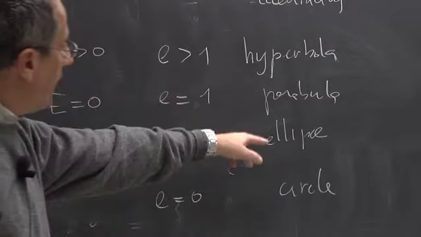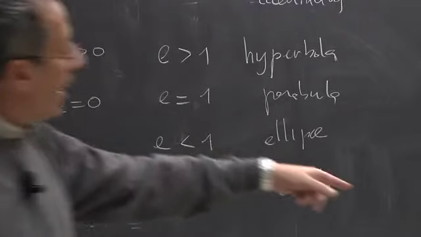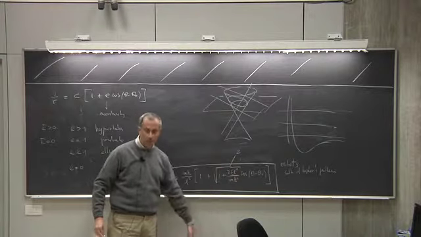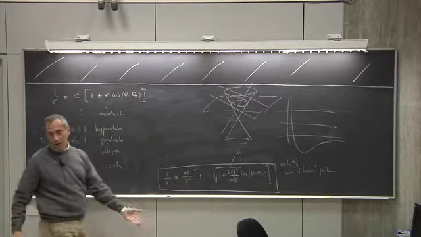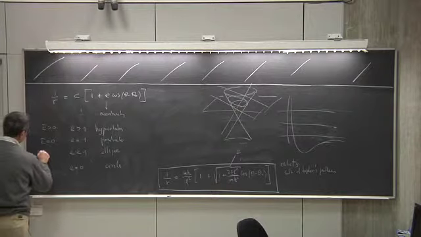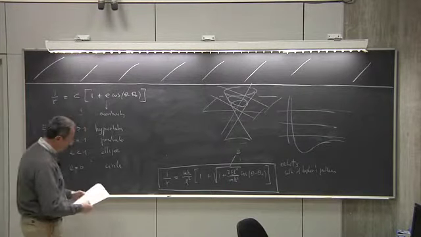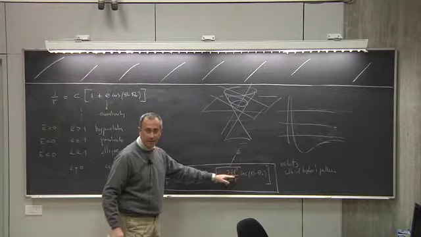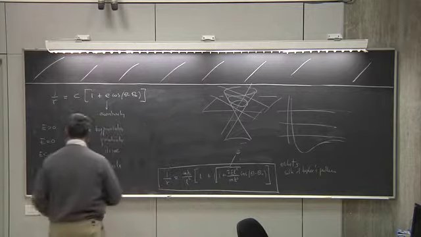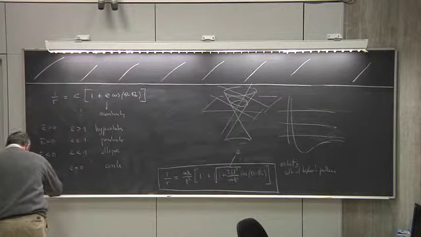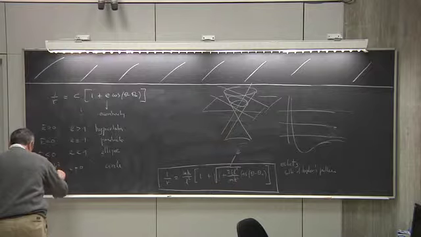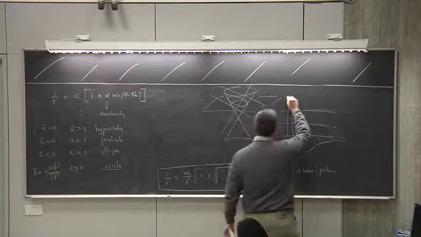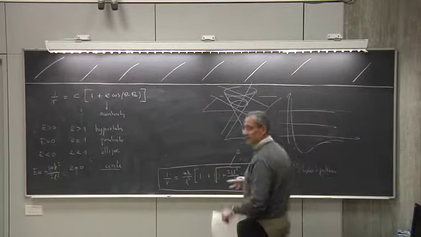And if you want E less than 1, you have to make this quantity less than 1, so the energy must be negative. And this fixes the energy to be exactly minus the inverse of whatever you have there, and you get the circle. So you see, it matches exactly our qualitative discussion.